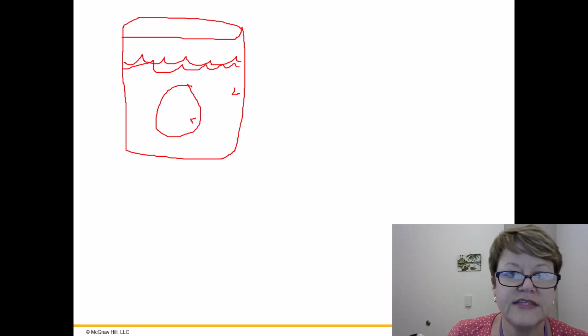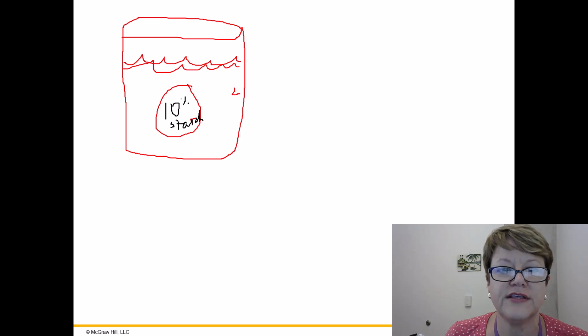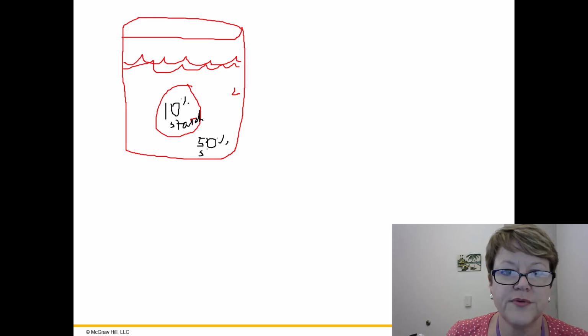Okay, let's say inside this cell is 10% starch. I'm only focusing on one kind of solute. And let's say outside of the cell is 50% starch. So you remember starch.